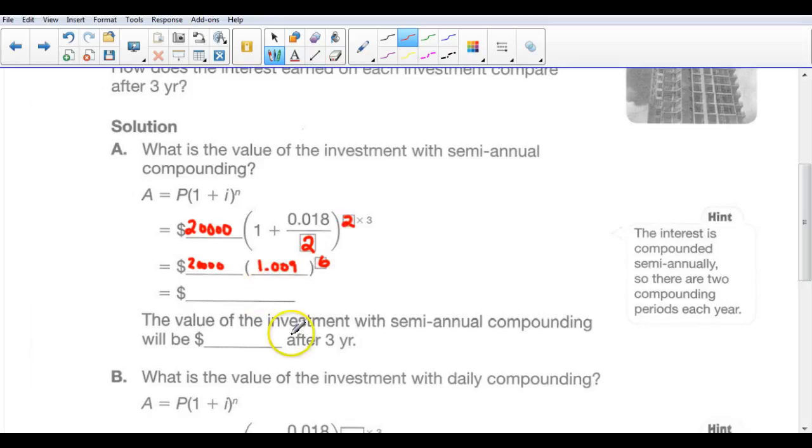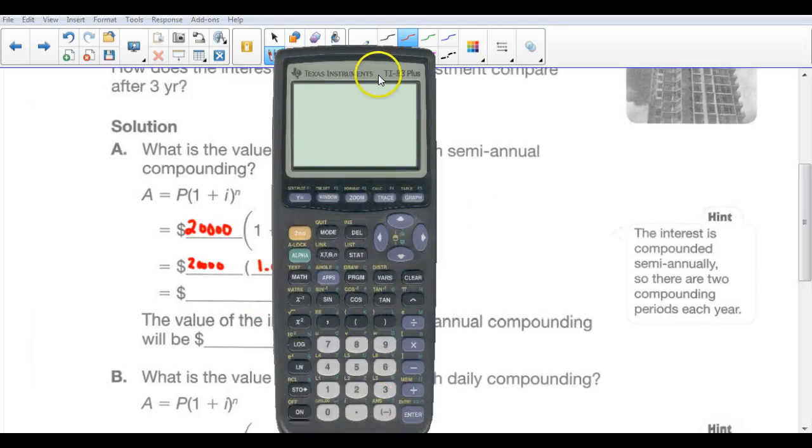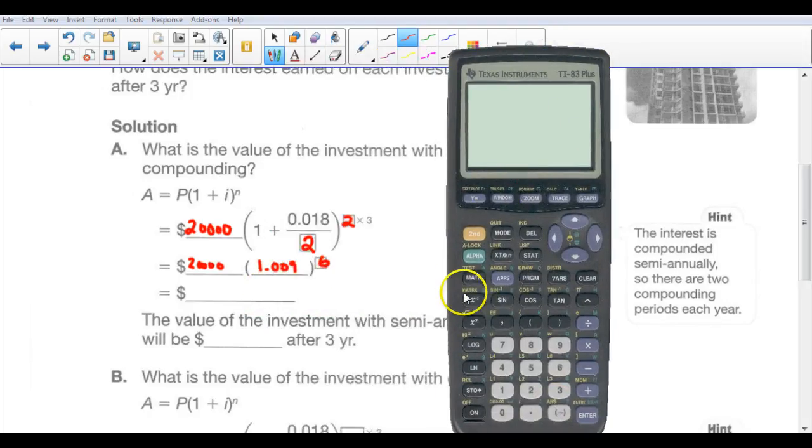So now we just do the math. Let's turn on our calculator. Clear that. And let's do this calculation here. We have to do what's in the brackets first. So 1.009, we have to put it to the exponent of 6. Hit equals.